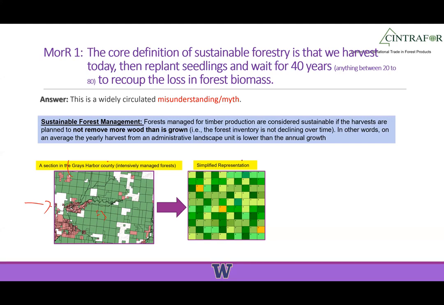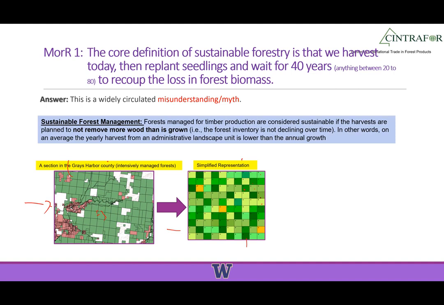This is a simplified representation, and the color differences in these plots signify the amount of biomass or the maturity of the forest. For example, this is very dark, which means it's an older, more mature forest, and may get harvested the next year or the year after. And the lighter ones are younger forest. That's generally how even-age forest management happens in most plantation forests, especially in this county.